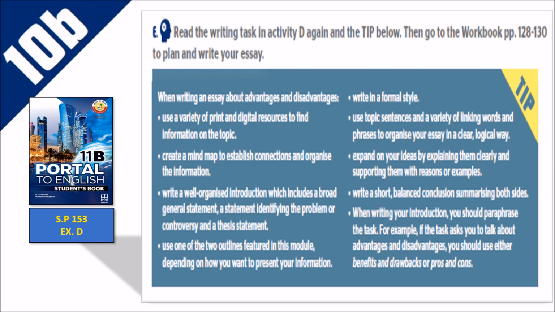Dear students, give yourself enough time to read the following tabs in order to be aware of how to organize and plan and then to compose your advantages and disadvantages essay. After you read the tabs well, please play the video again to complete our lesson. Thank you.